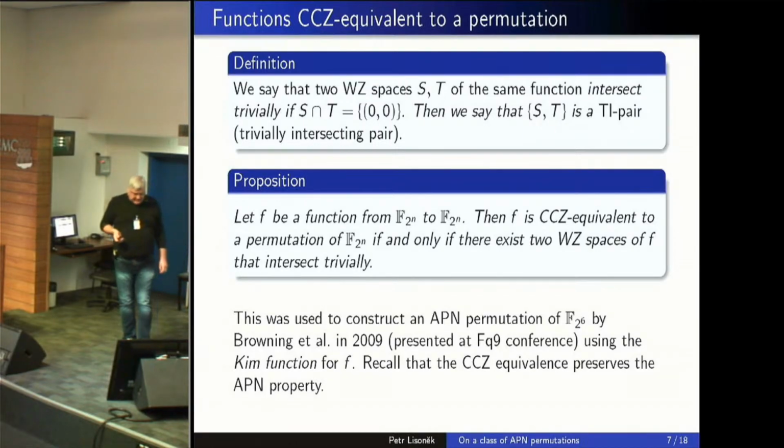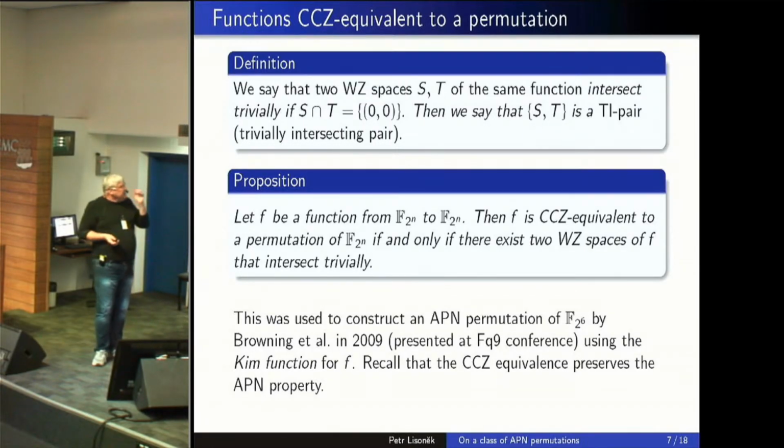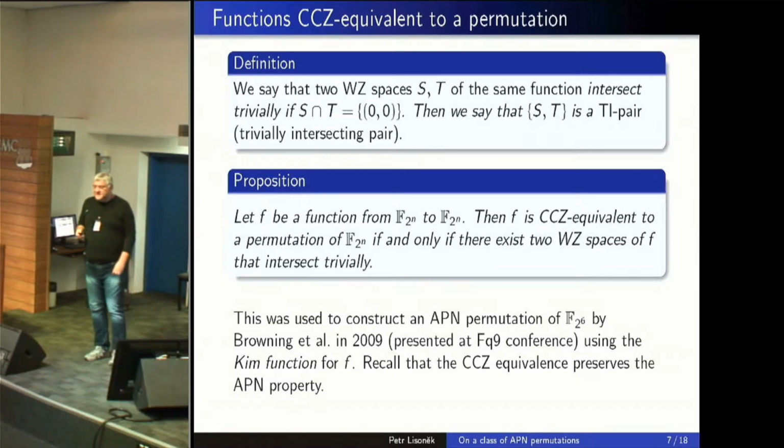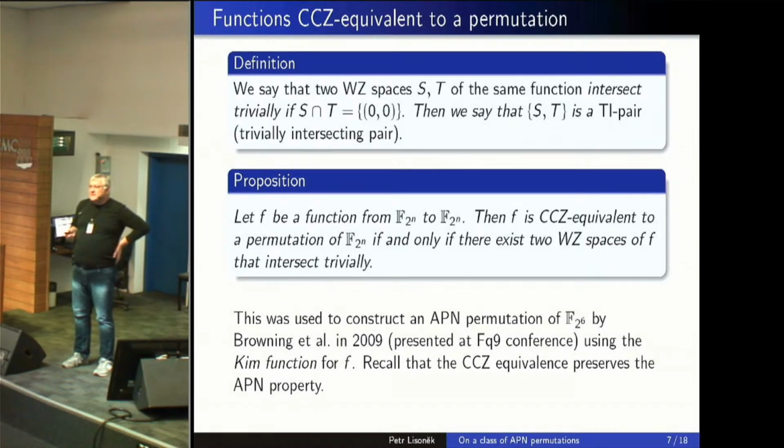That's just terminology. The second proposition really is where I said that we formalized the method of Browning, Dillon, and two more. I'm sorry, I had the reference at the end. Their method, used in dimension 6, is essentially that formalization.